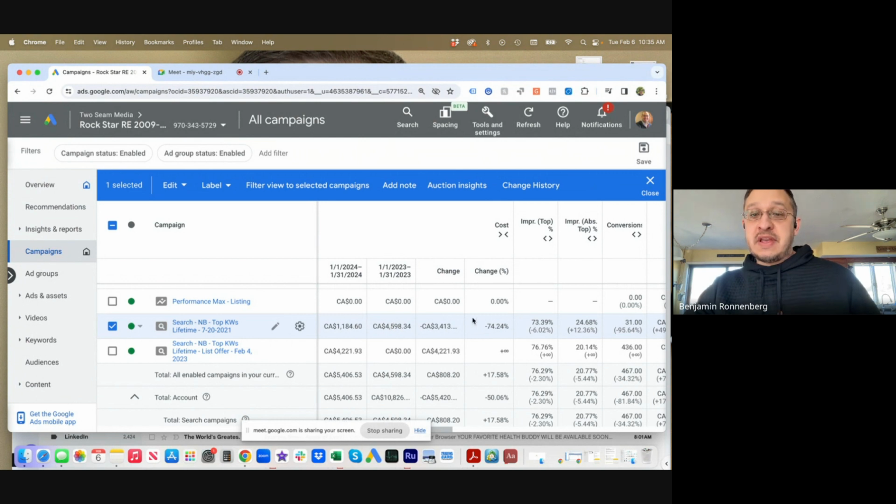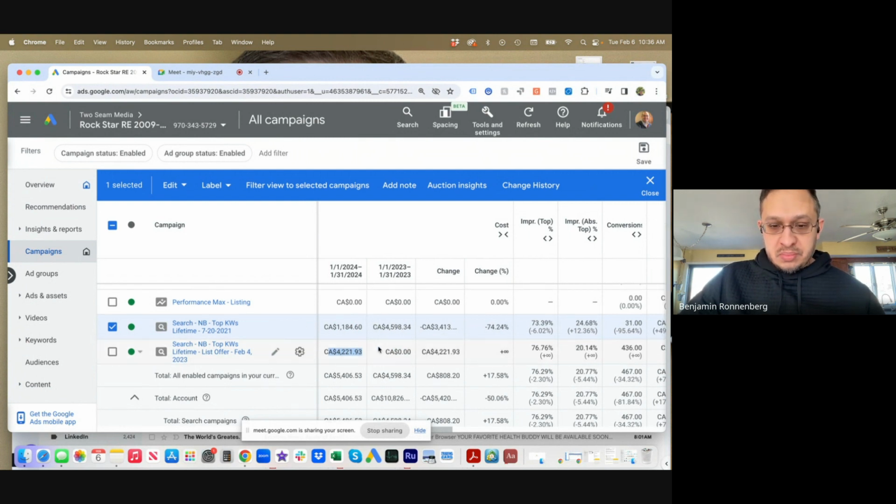We came down 74% and spent just under $1,200 in January of 24. And then the list offer did basically zero in January of 23 and spent $4,200 in Jan of 24. So a huge shift in where the spend happened as far as search goes.